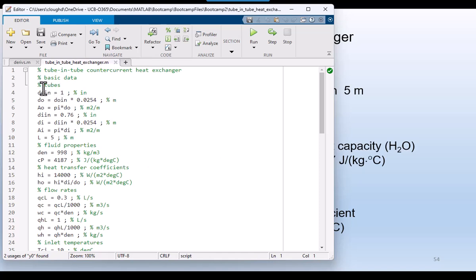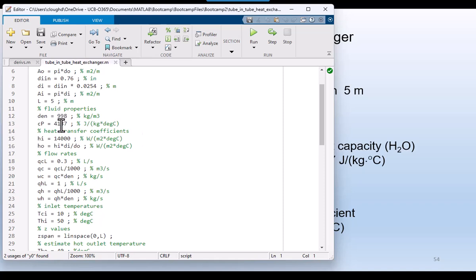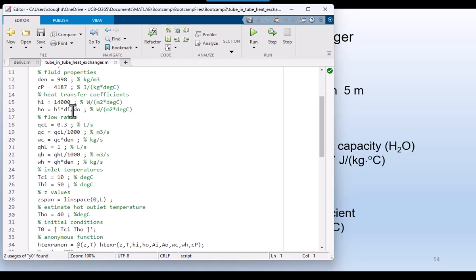First, we have just dimensional calculations having to do with areas and converting them all over to standard SI units in meters, starting here with the values we had in inches. And then we've got our fluid properties, all right, again, basic data. We've got our heat transfer coefficients. Here our geometric relationship to get HO.